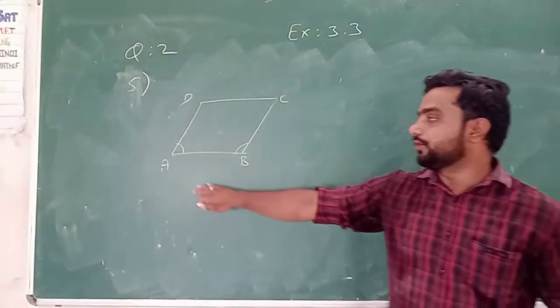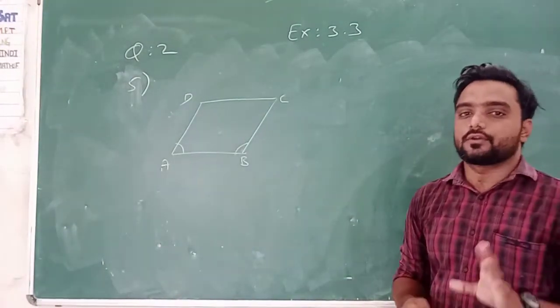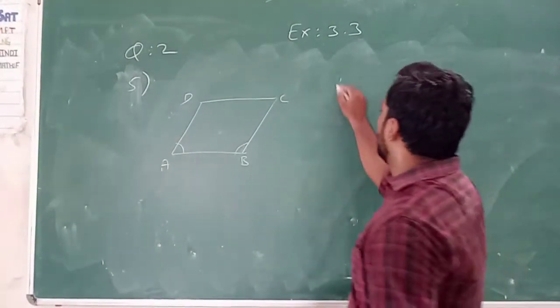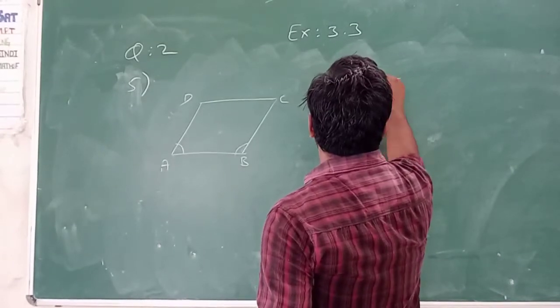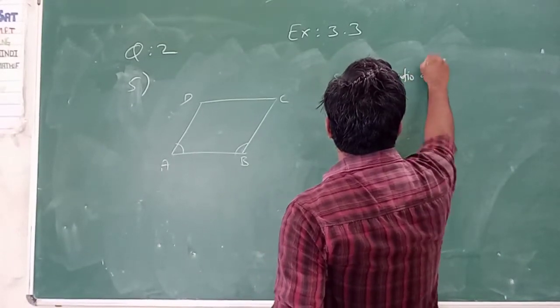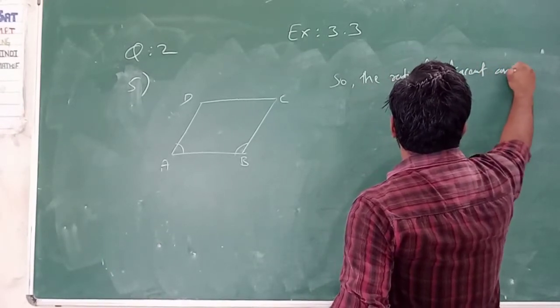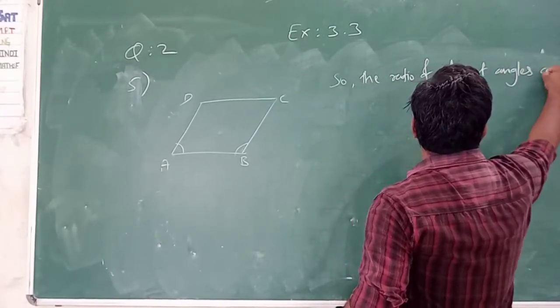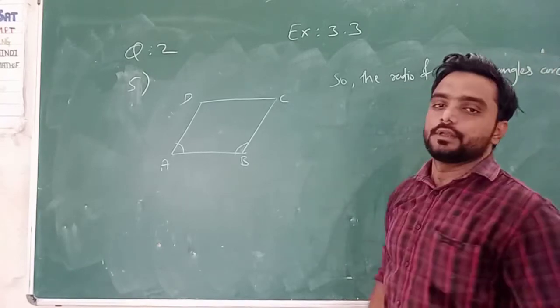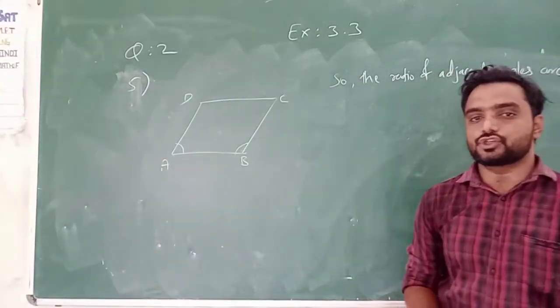If I take these two angles, the ratio of the adjacent angles is what is given to you, that ratio is 3:2.